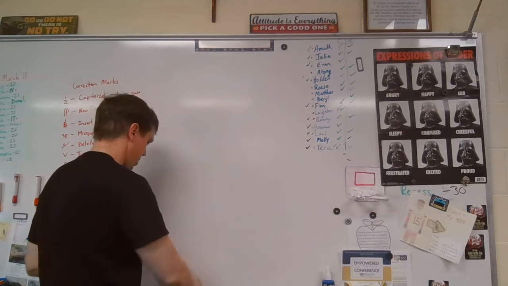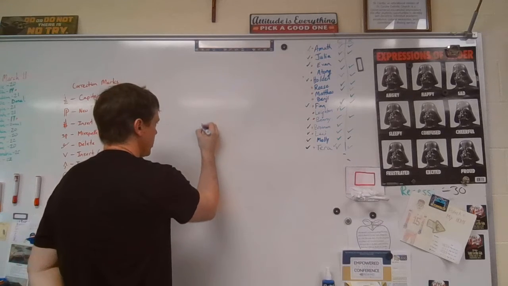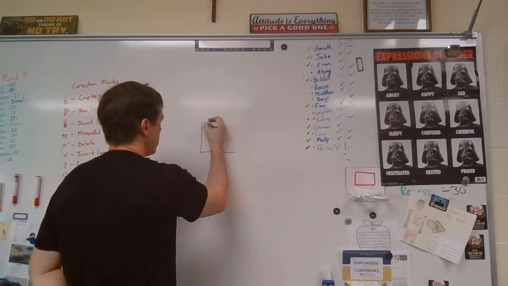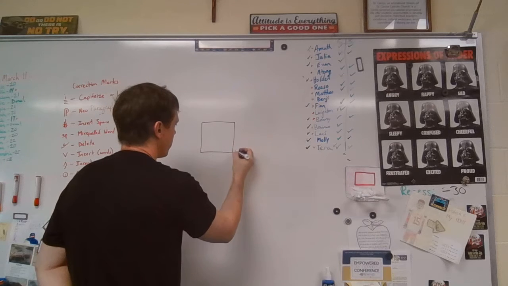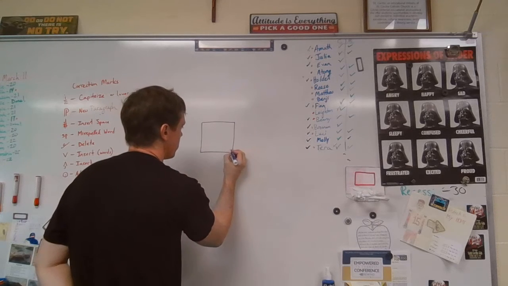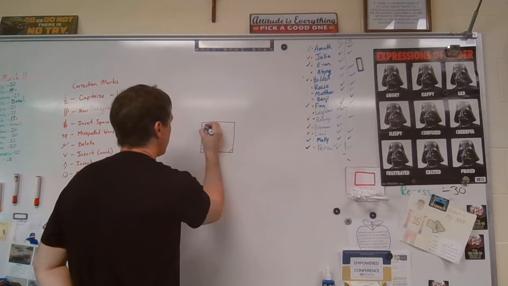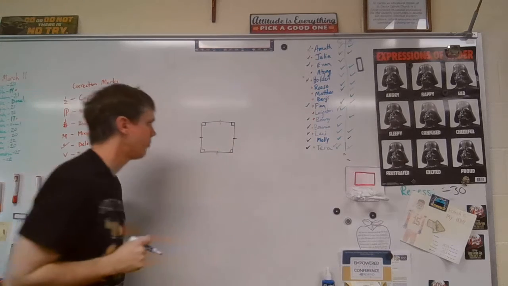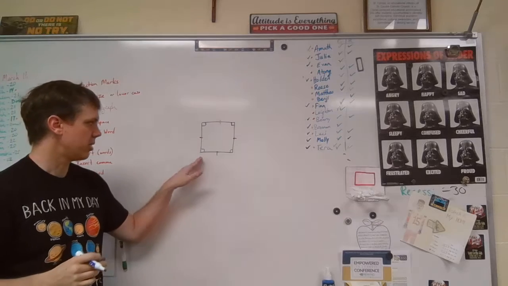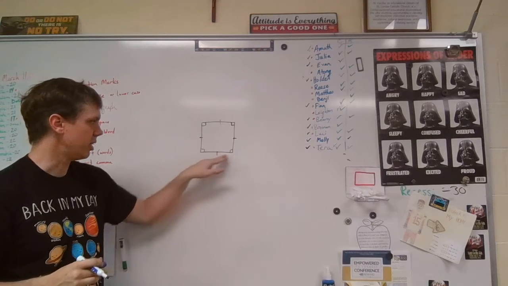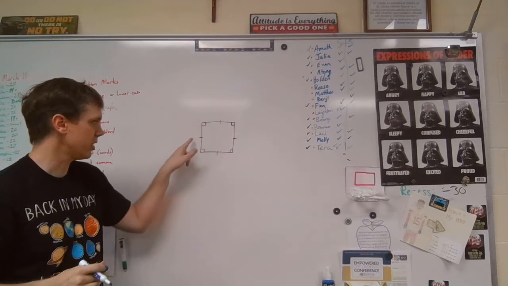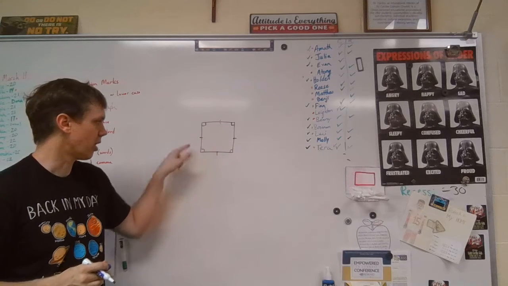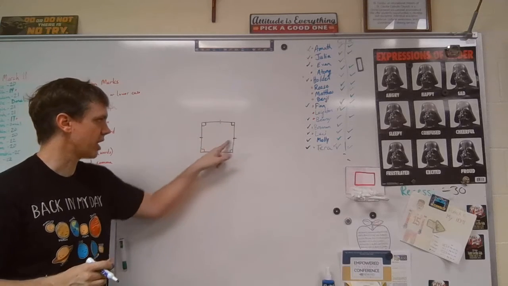All right, so you guys have probably all seen this shape before. I'll try to draw it roughly pretty close, but put that there, and that there, and that there, and that there. Okay, so here we have a shape. It's got 4 sides. Every single angle is 90 degrees, and every single side is congruent.